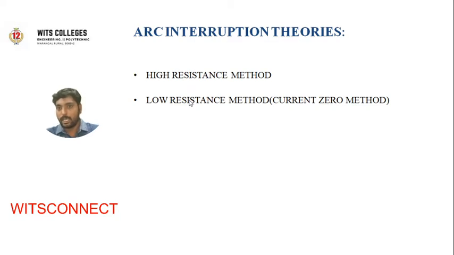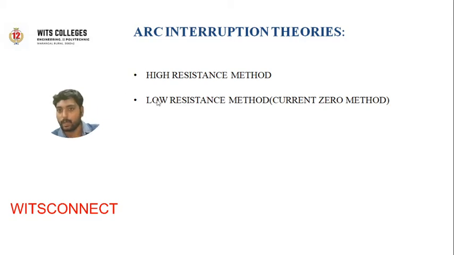Nothing but here in the low resistance method, the current is zero in all the cases. In the current zero method, after the specified time, it will not rise again, it is zero.